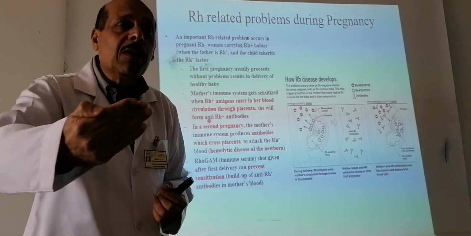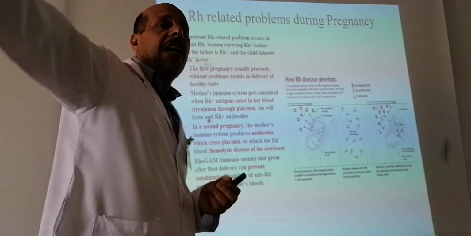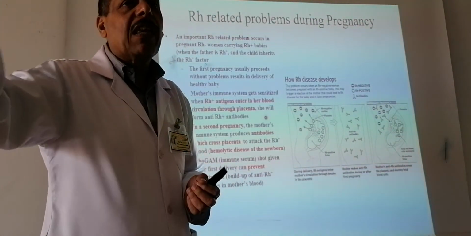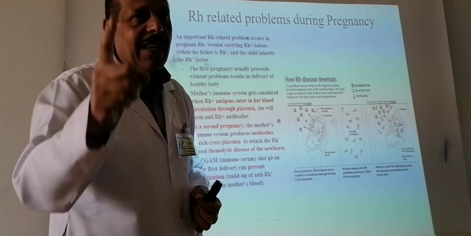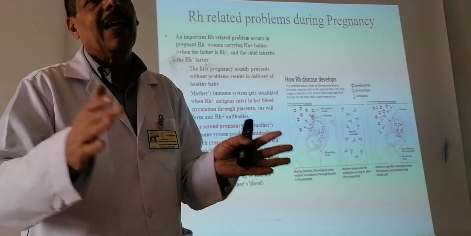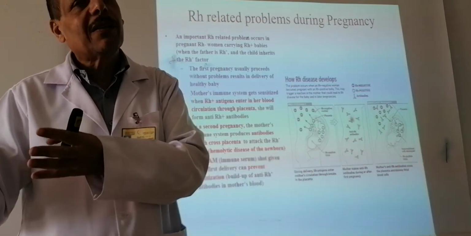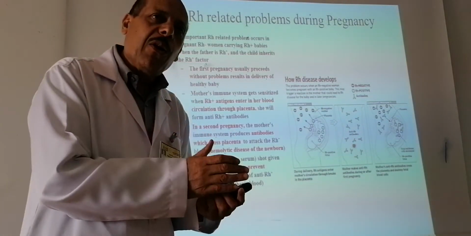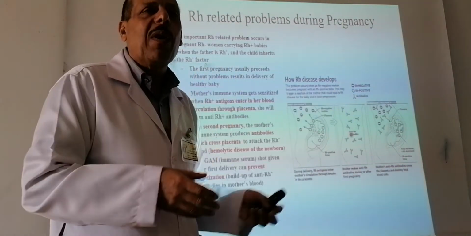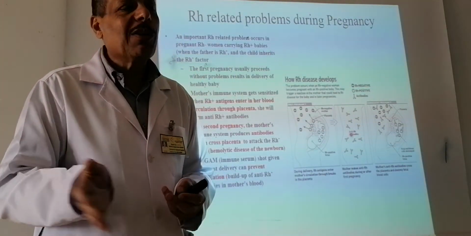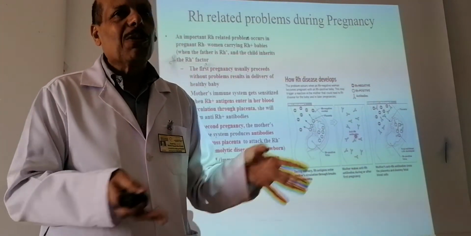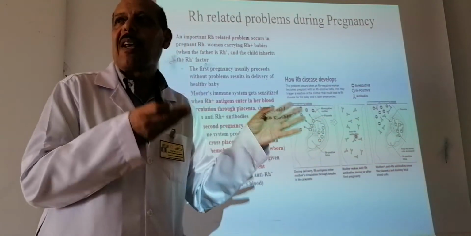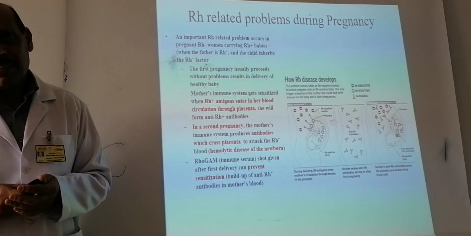It depends upon the level of the antibodies. If the level of antibodies is high, it might be fatal and lead to intrauterine death. If it is low, he might pass with jaundice. And jaundice might also lead to other problems like brain problems and others.